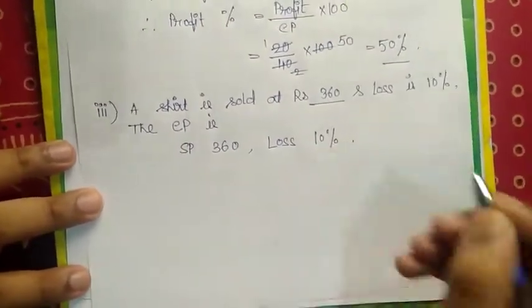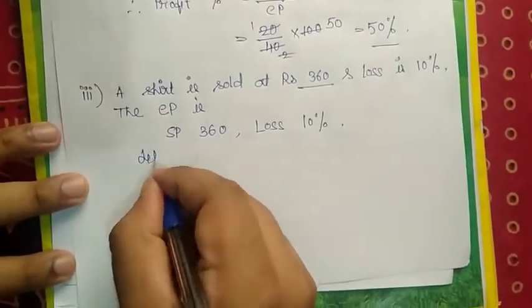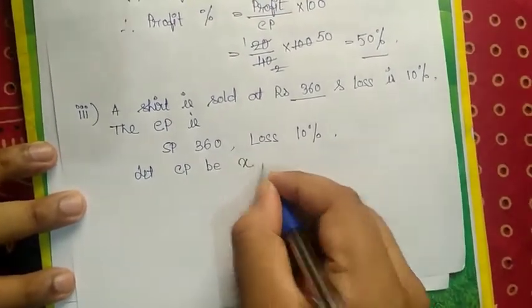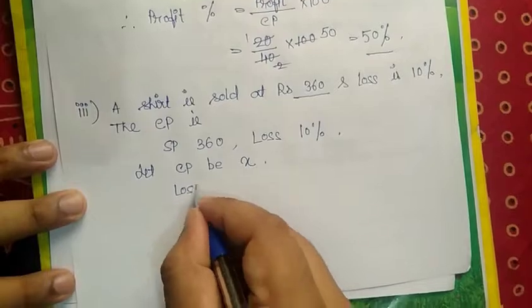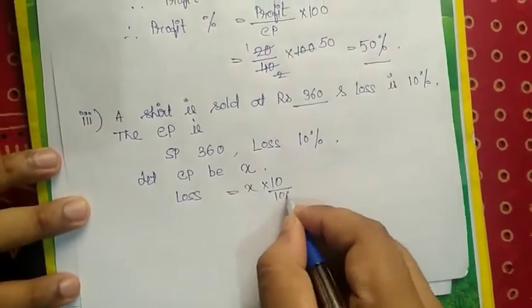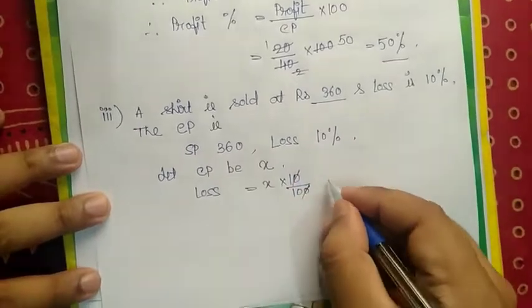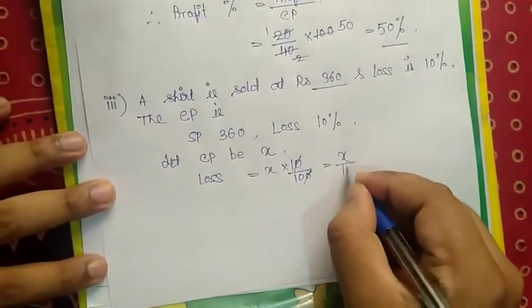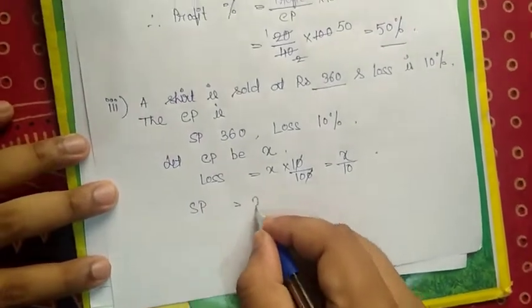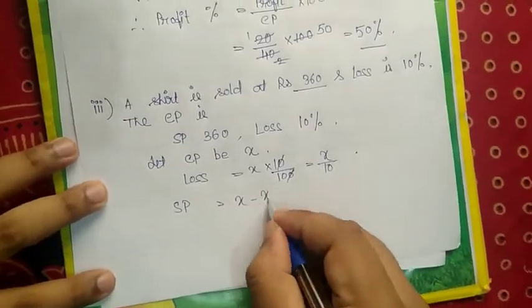So let CP be X. So loss equals X into 10 by 100, so X by 10. So SP equals CP minus loss.